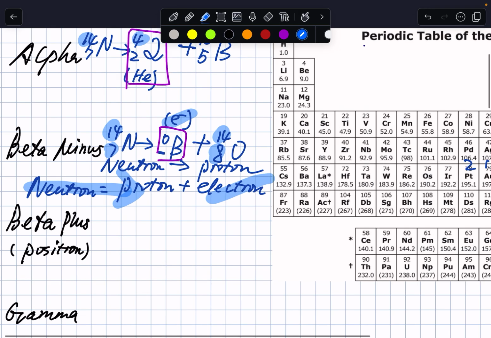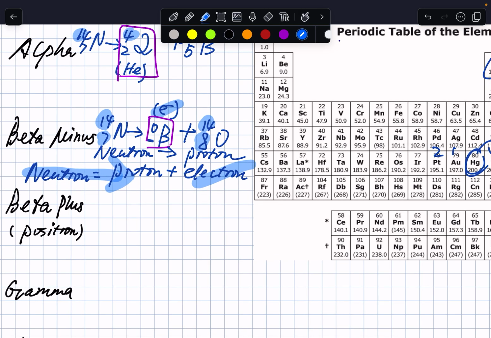All right. Now let's move on to beta plus, okay? So beta plus decay also emits a beta particle. But the difference is this beta particle is not like an electron. It's like an anti-electron, which means it has +1 charge, okay? And because of this change, it doesn't affect my atomic mass, right?